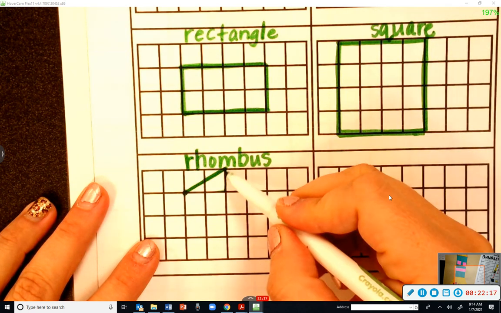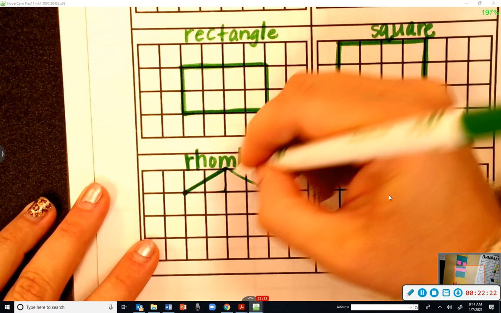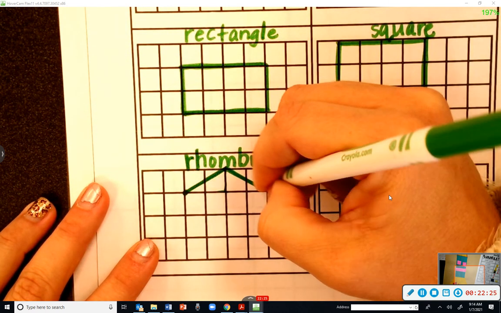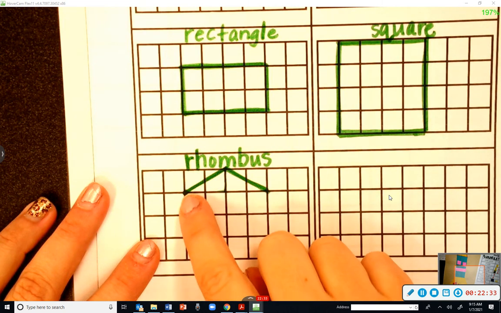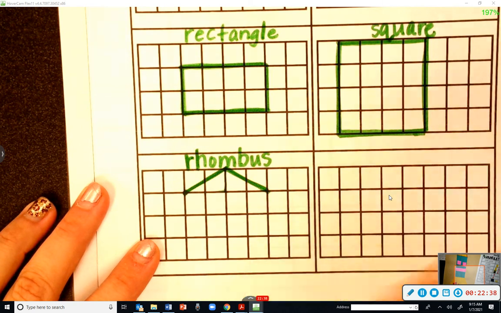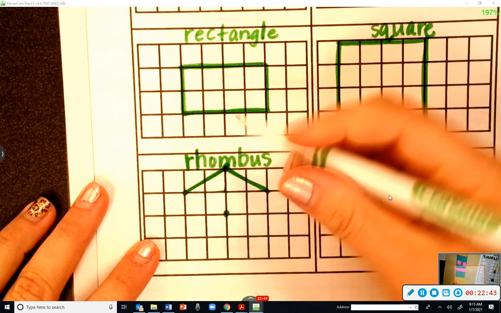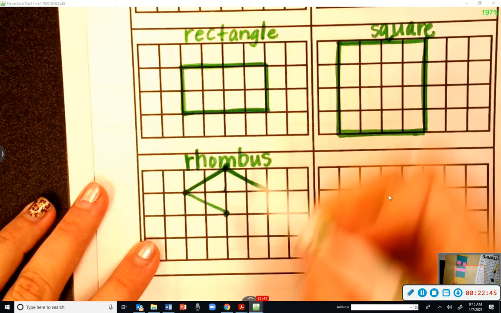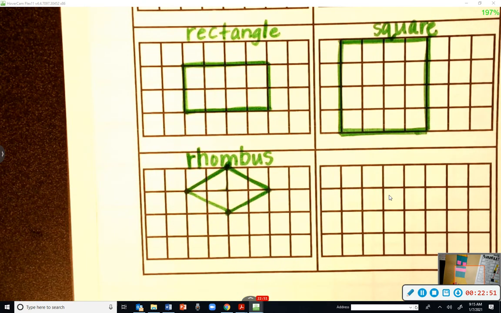Now I need to go down 1 and over 2 for this other side. Okay, now the same thing. You need to go down 1 and now back in 2, so it's equal. It's going to be right in line with this center dot. Okay, that's going to make sure that all sides are equal if you count the squares and make sure that you went down and over the same amount each time.